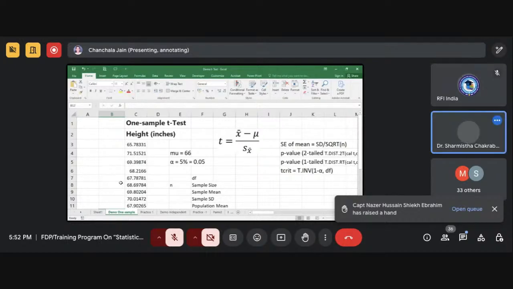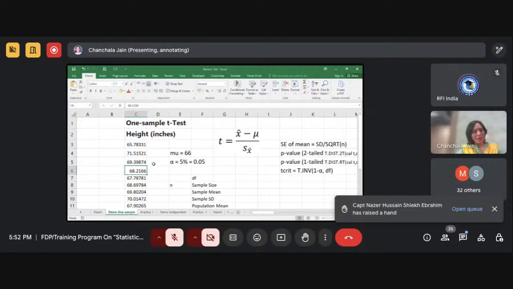Yes, ma'am. Fine. If you have opened the sheet, you will find that we have the height variable. In this column, we have height in inches. I hope everyone has the same sheet, right? Yes, ma'am.